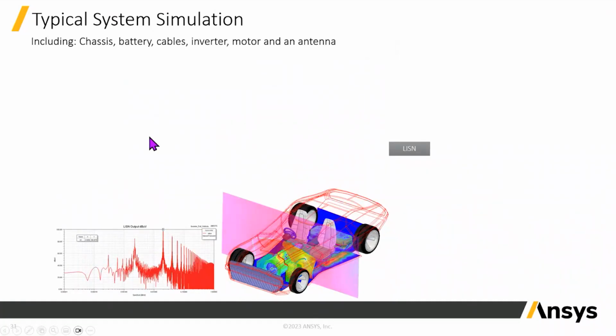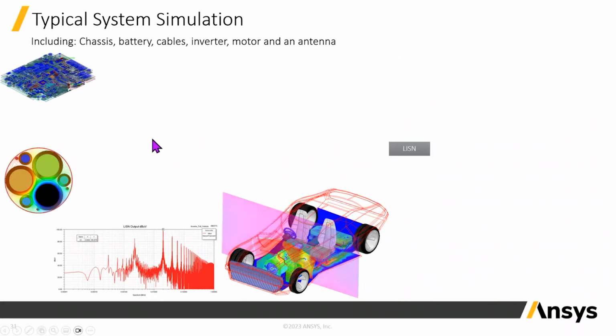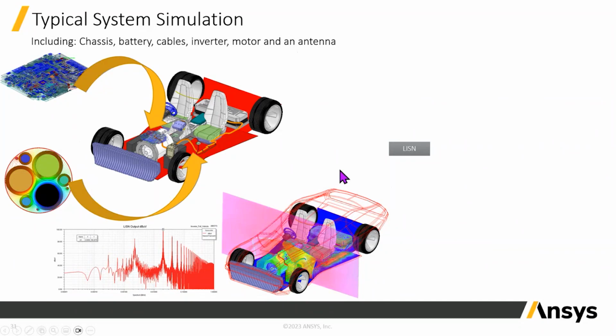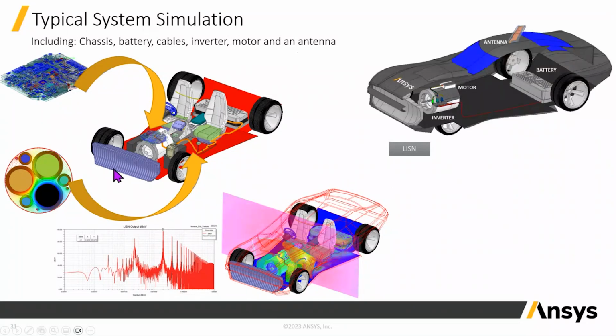Some other analysis consists of a full system level simulation where you have a vehicle. It can be an aircraft, spacecraft, or automotive, anything which consists of multiple cables, PCBs, and sometimes antennas also. You can see a vehicle which carries the cables, motors, PCBs, everything, and on top of that there is an antenna also, a simplified version of a shark fin antenna here.